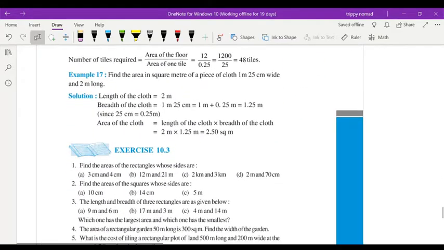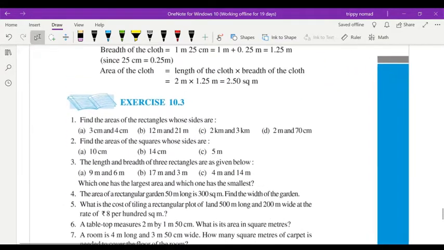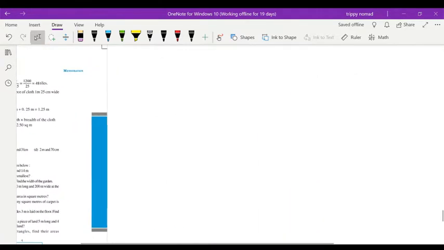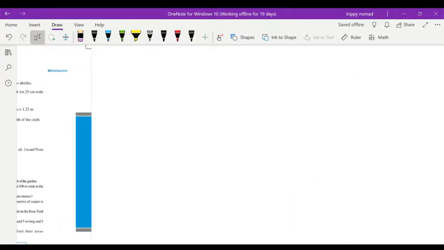Here they have given, in 10.3, find the areas of rectangles whose sides are given. First of all, for a rectangle, you have to find out how to find the area of a rectangle.